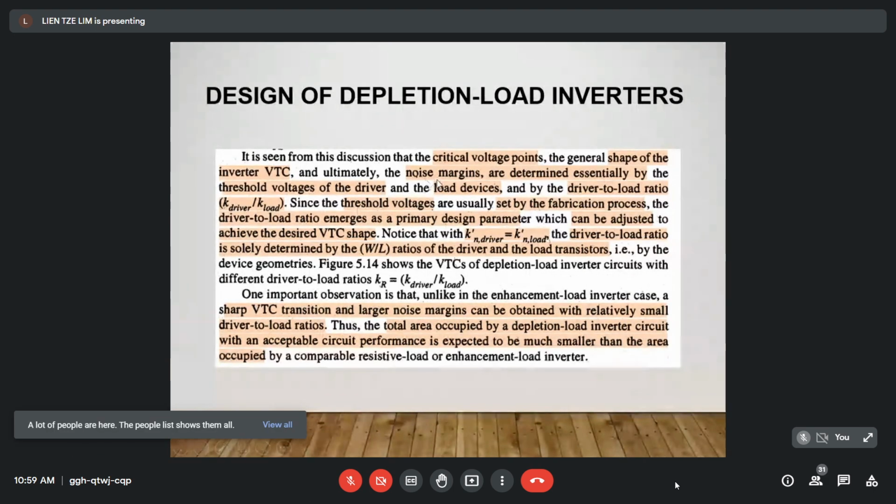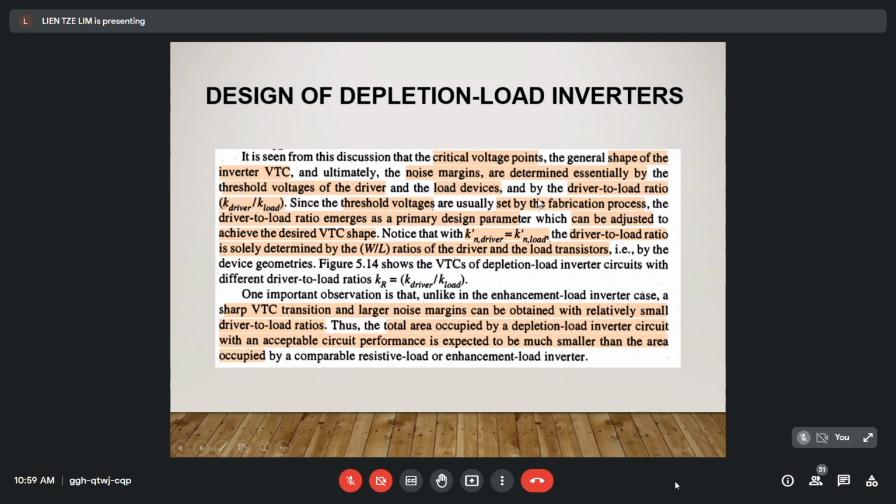A small noise margin means that the circuit is not immune to noise. We need to make sure that we have a high noise margin. So the threshold voltage will determine the shape of the VTC and the noise margin.